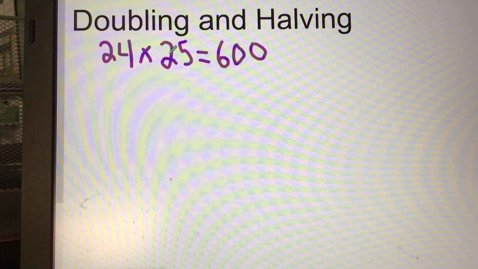We can multiply any number by 2, but we can't always divide a number by 2 without a remainder, or without something left over. So I have to look, which number can be cut in half? I notice that 24 is an even number, and I know that even numbers can be divided by 2. So I'm going to divide 24 by 2, and 24 divided by 2 is 12.